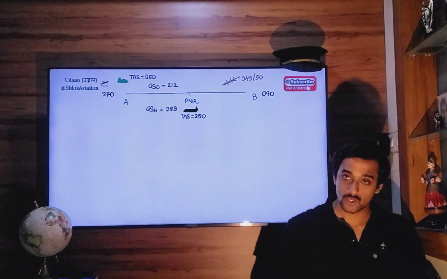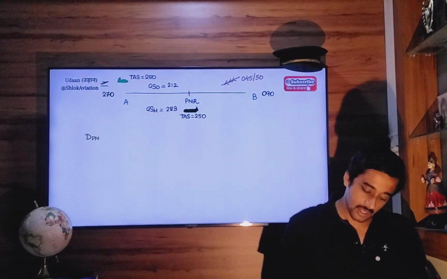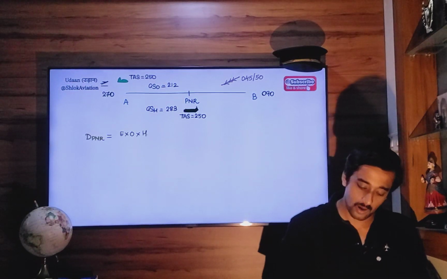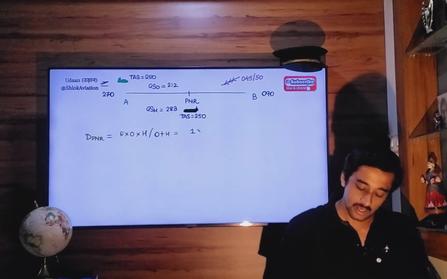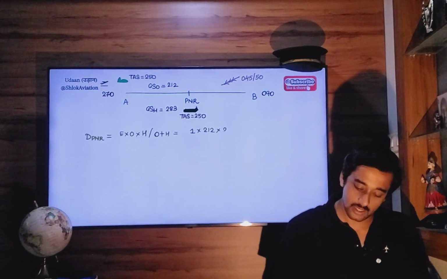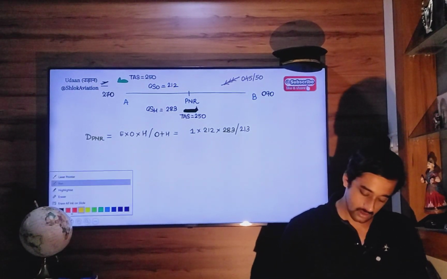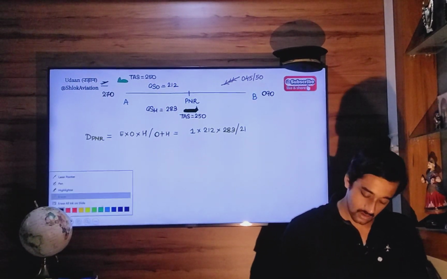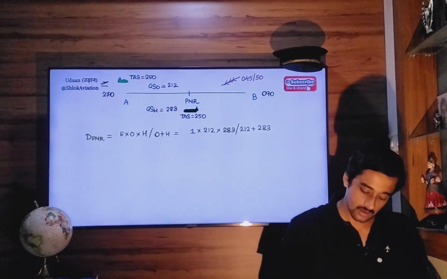I use the distance to PNR formula. Distance to PNR equals endurance into outbound into homebound divided by outbound plus homebound. So 1 hour into 212 into 283 divided by 212 plus 283.